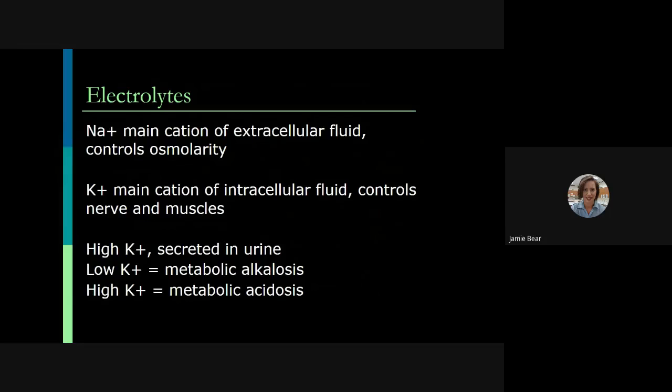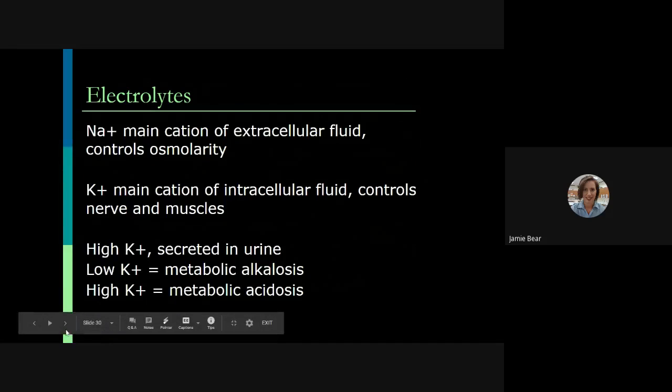If we have a low potassium, what will happen is hydrogen ions will have to go into the intracellular compartment to try to maintain that electroneutrality, and a metabolic alkalosis will happen. If we have a high amount of potassium, so we would call that hyperkalemia, once again, hydrogen ions would have to exchange, and they would then be in the blood, and more hydrogen ion concentration would cause a metabolic acidosis.